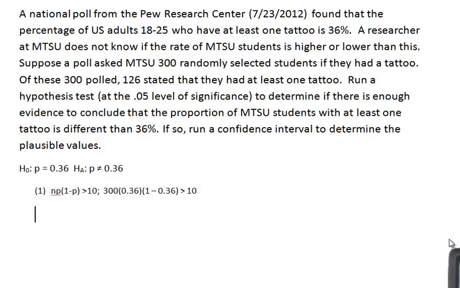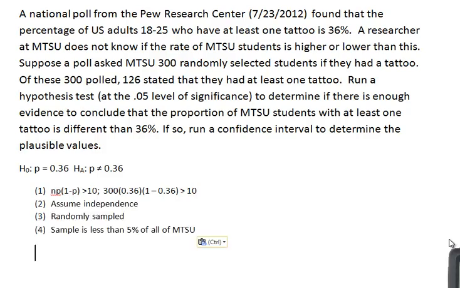Then we have a few more conditions that you, at the very least, mentally make a checklist of. We assume independence, that people aren't really related in some sense. Just because one person says they have a tattoo, the other person can have one too. Maybe they're married, and married people end up having more tattoos together.